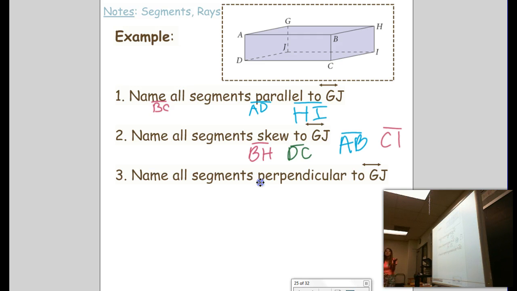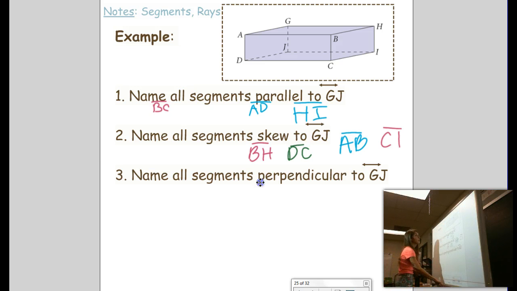Since this is a box, all those angles are 90. So actually you can pick any line that touches GJ because it's going to touch it at a 90-degree angle. With this one, you have to say 3 letters. Never, ever name a line with 3 letters.